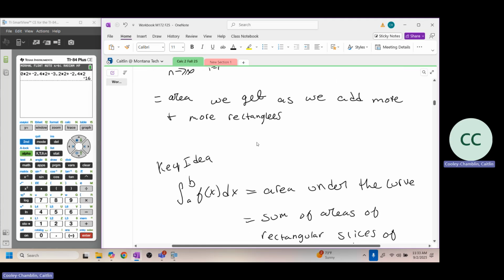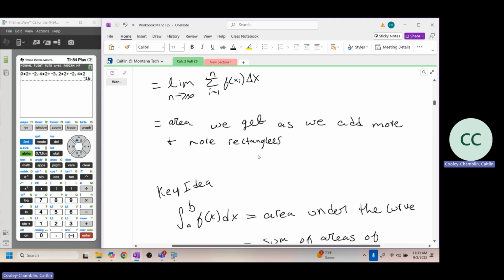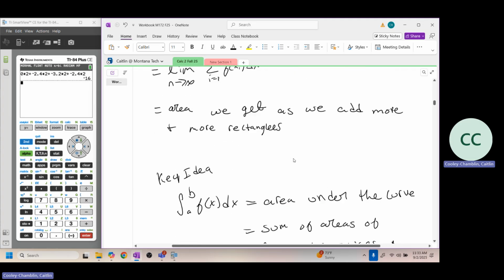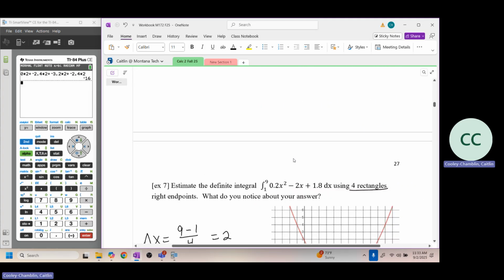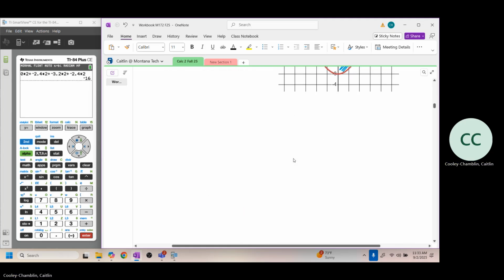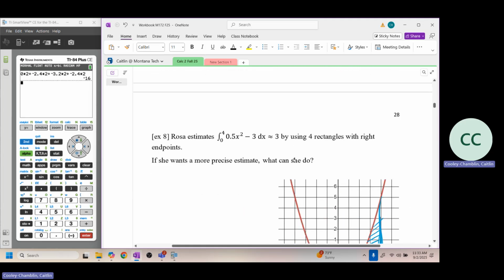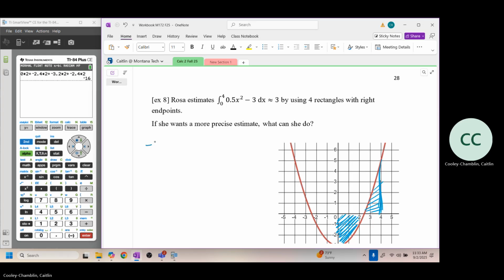But when we add more and more rectangles, we become more and more precise. So something that Rosa could do is add more and more rectangles.